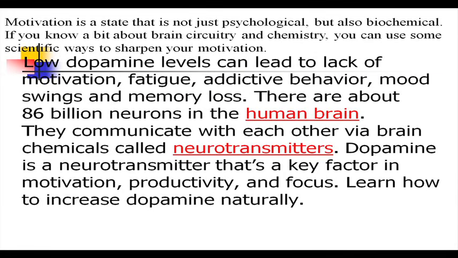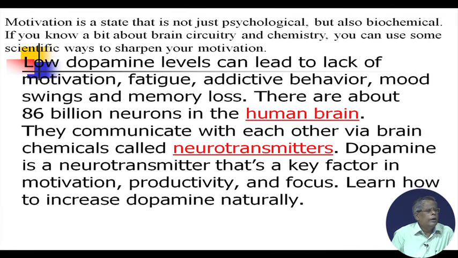What we have told is that motivation is a state, not just psychological, but also biochemical. If you know a bit of brain chemistry, you can use some specific ways to sharpen your motivation. Low dopamine levels can lead to lack of motivation, fatigue, addictive behavior, mood swings, and memory loss.